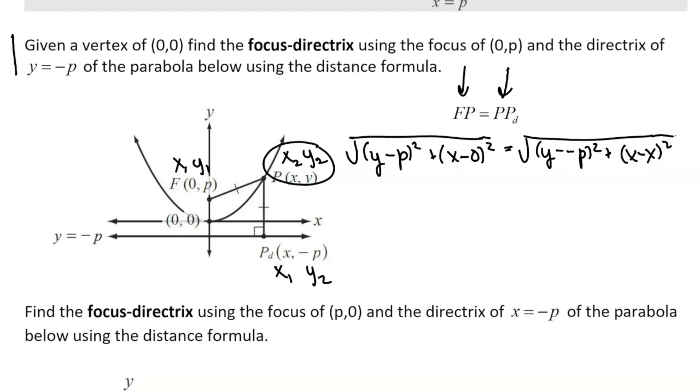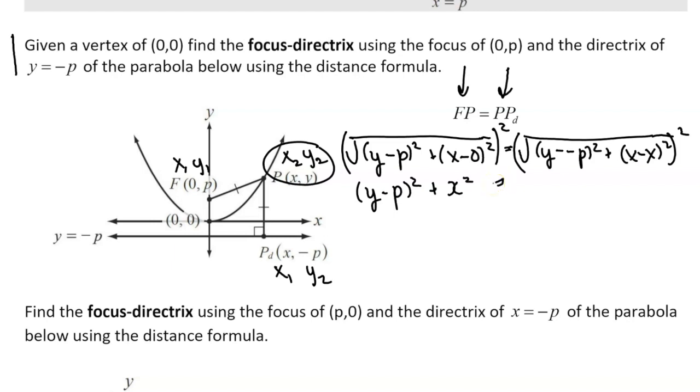And so from there, if you wanted to tidy that up and see what we could simplify, I would notice a couple things right off the bat. The first thing is let's try to square both sides. If we square both sides, that eliminates the square roots, and we can compare without them, and we'd be left with (y - p) squared plus (x - 0) squared.